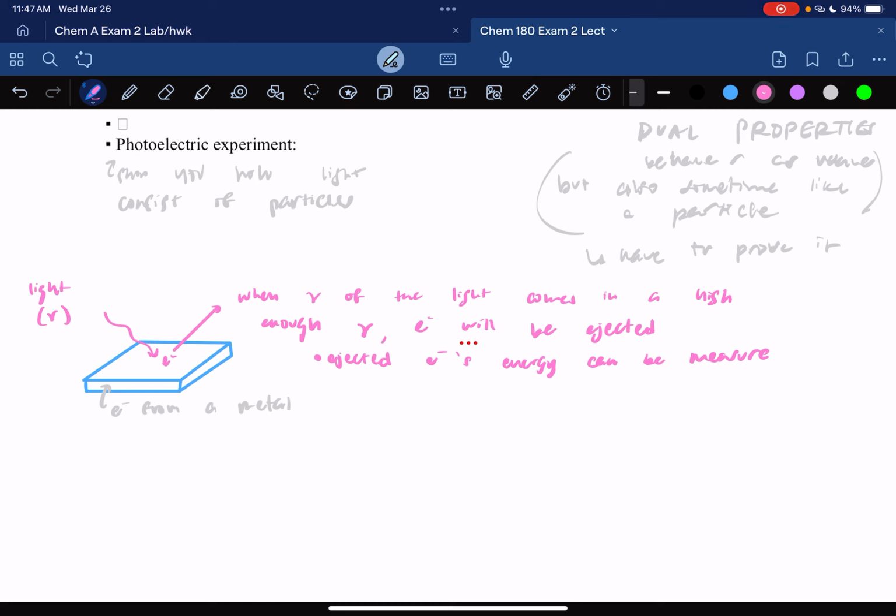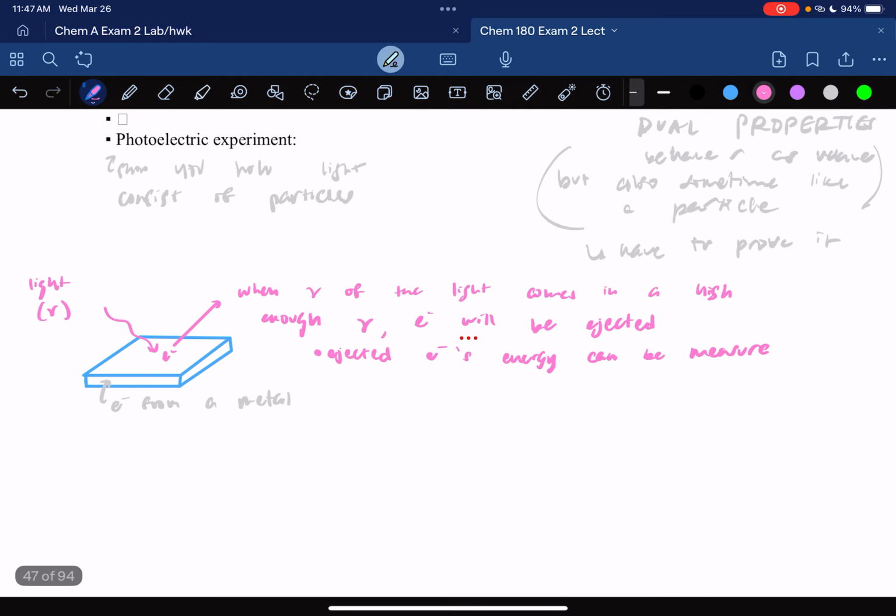We know that light energy is related to frequency, nu, and amplitude, which is related to the intensity of the light.